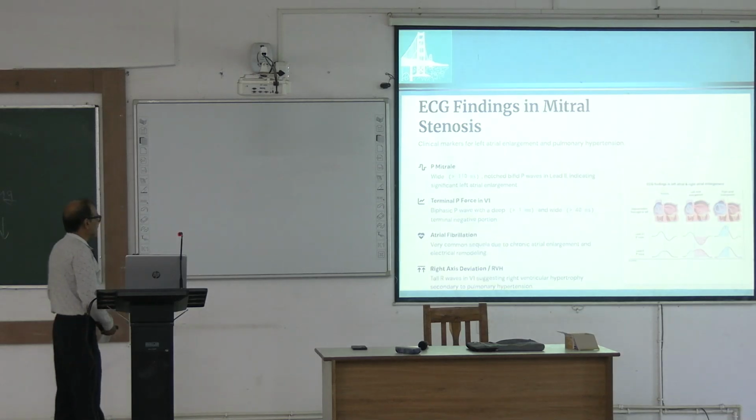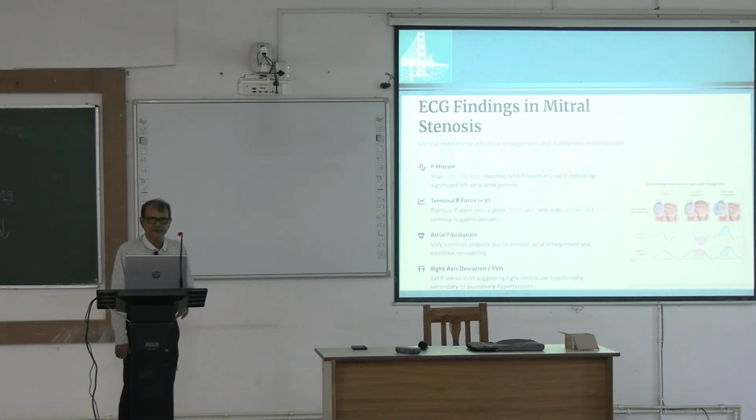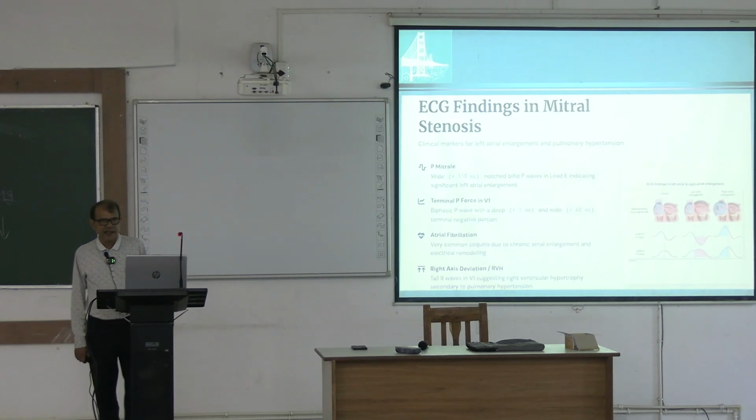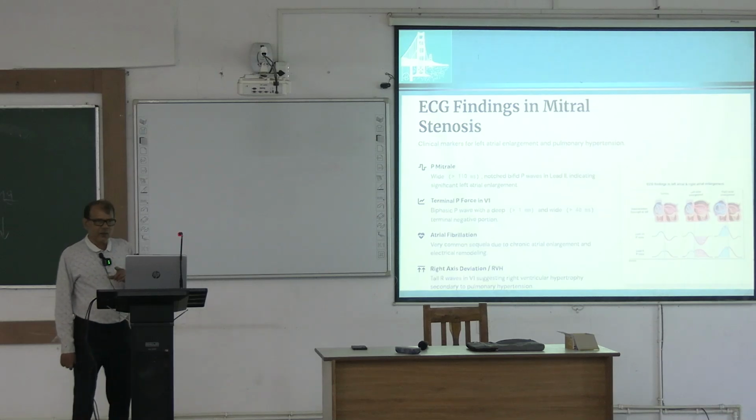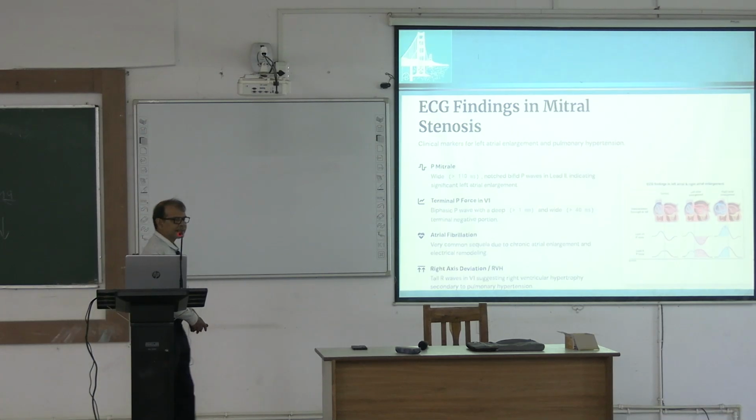ECG findings in short: P mitral, that is the left atrial enlargement, already told. Then terminal P forces in V1 with negativity as well as increased Morris index. Then atrial fibrillation, right axis deviation.